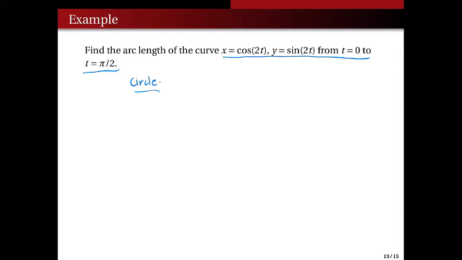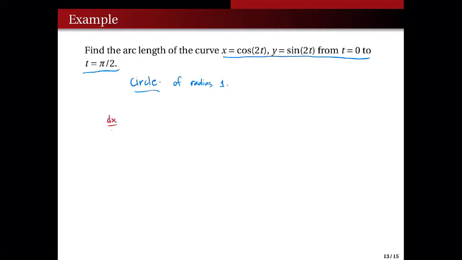It is of radius 1. So if we are going to find the arc length, we should get what? 2 pi r. So we are expecting 2 pi. Let us see.